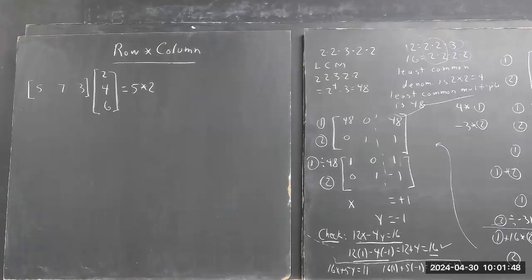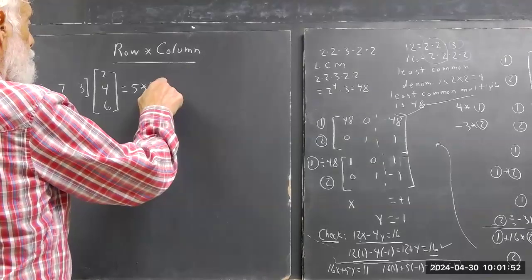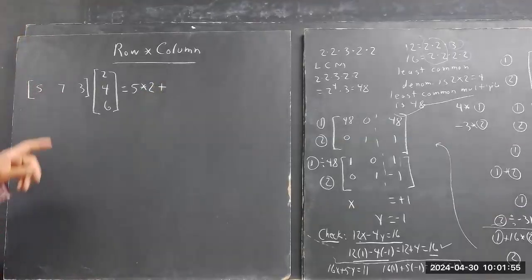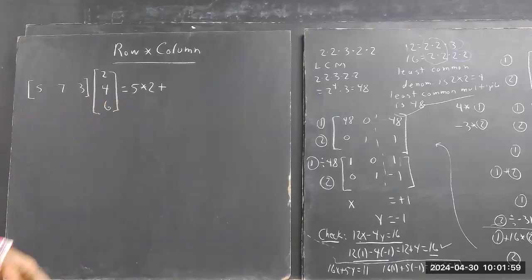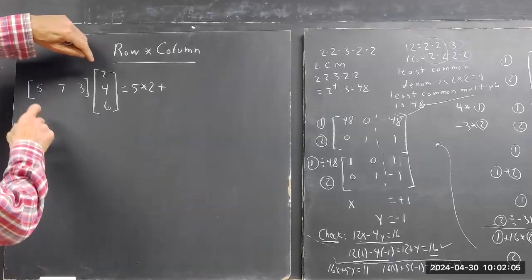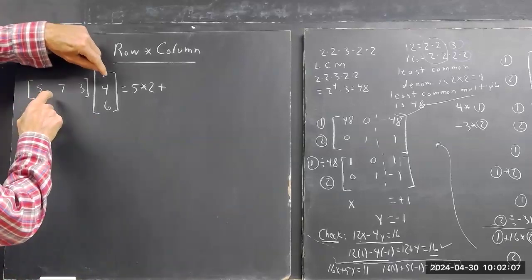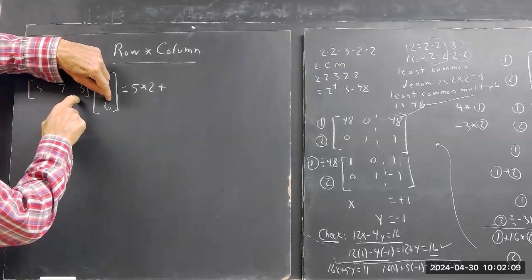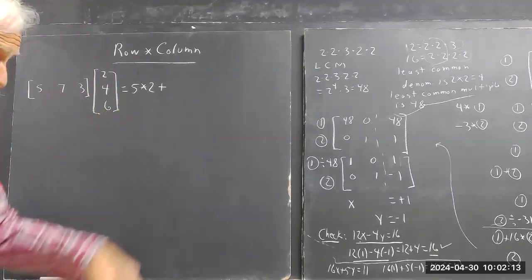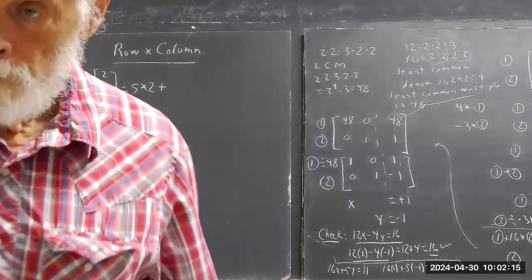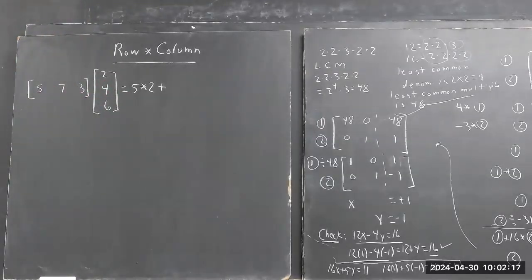Now, what do you get, and I'll do a plus here, when you do the second number in the row by the second number in the column? Just write it out. What times what? And then the third number times the third number. So you're matching these numbers up. You multiply these, you multiply these, and you multiply these. You just go down the row and you go down the column and get the numbers that have to multiply.